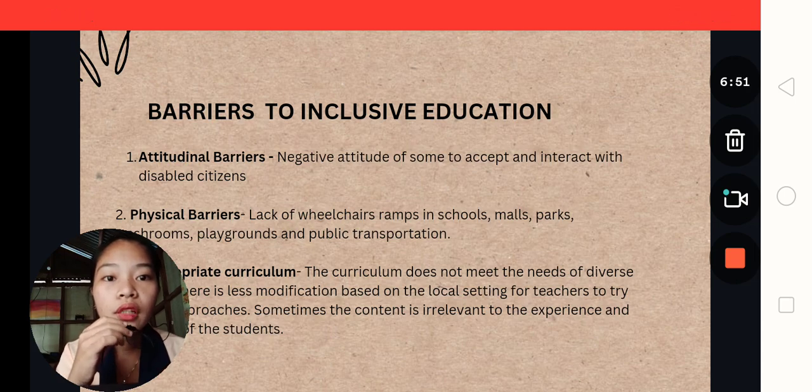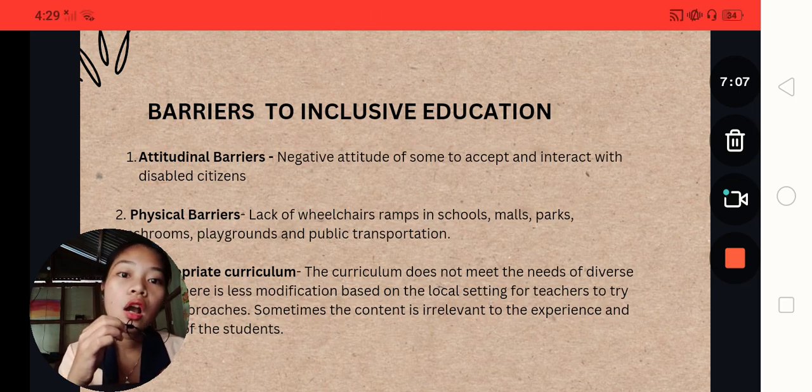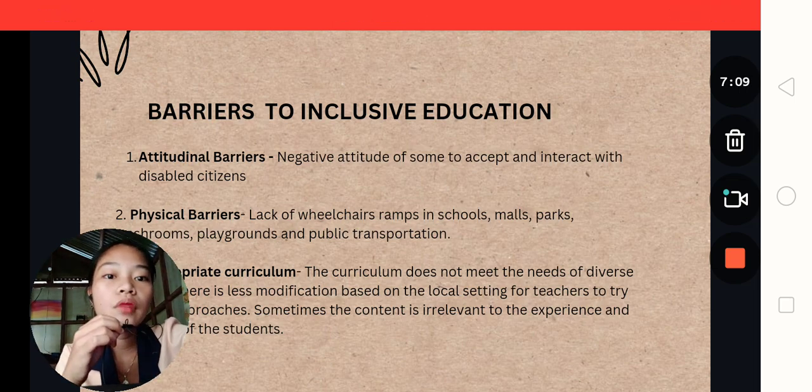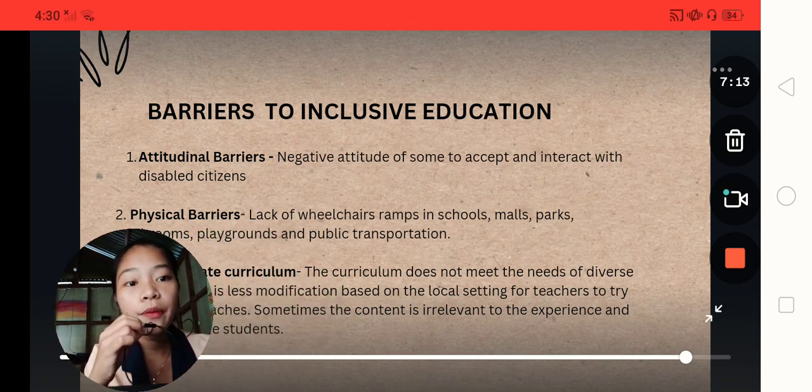Number 1, attitudinal barriers. There are negative attitudes of some to accept and interact with disabled citizens. Number 2, physical barriers, such as lack of wheelchairs and ramps in schools, malls, parks, restrooms such as washrooms, playgrounds, and public transportation.